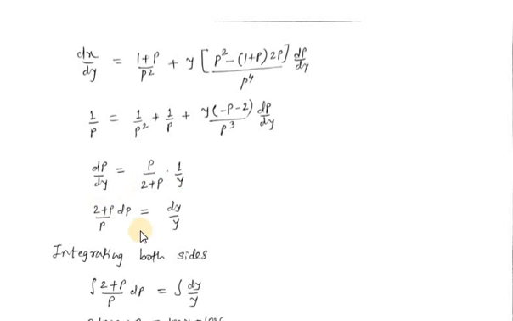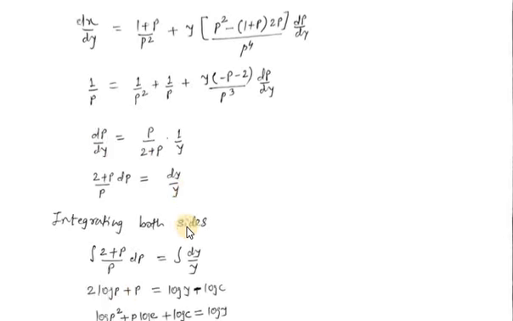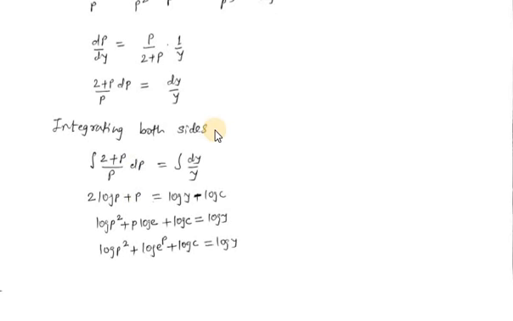Now applying the concept of variable separable form, so it will become (2 plus p) into dp by p equals to dy by y. Now integrating both sides, integration of (2 plus p) over p dp equals to integration of dy by y. Now integration of 1 over p, answer is log p, 2 will be as it is, plus p by p is 1.